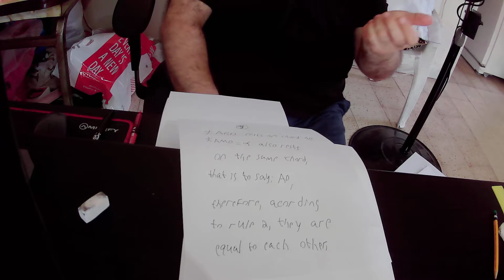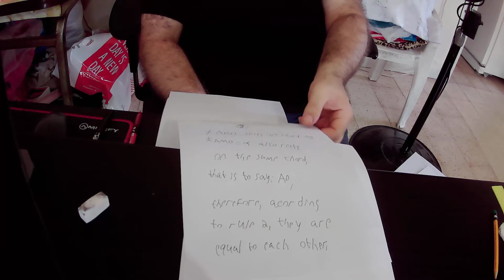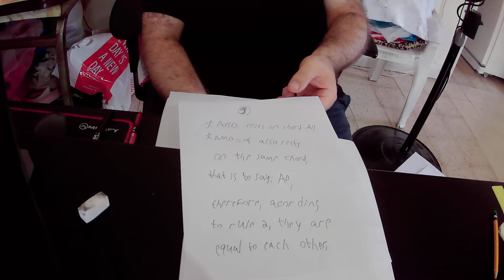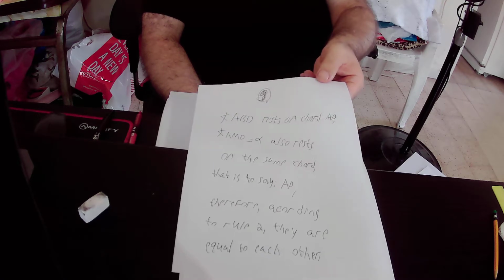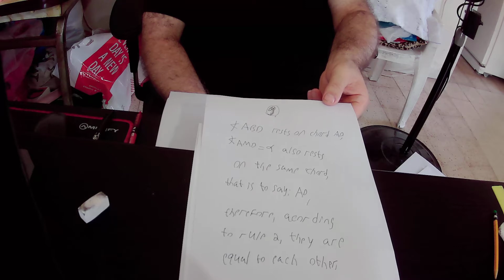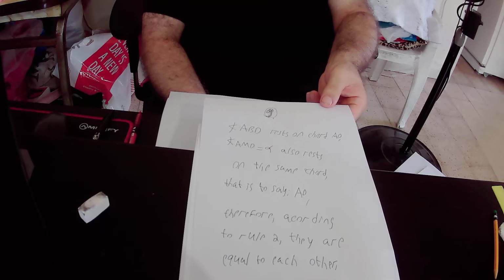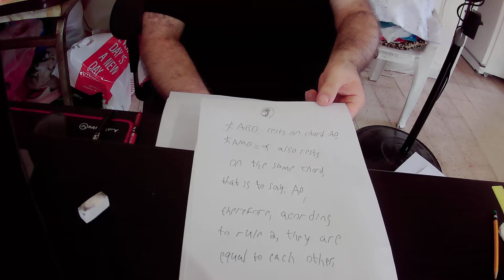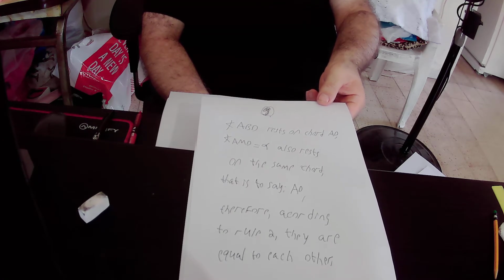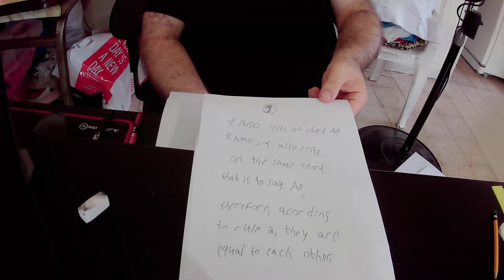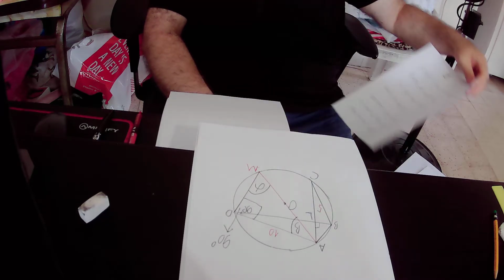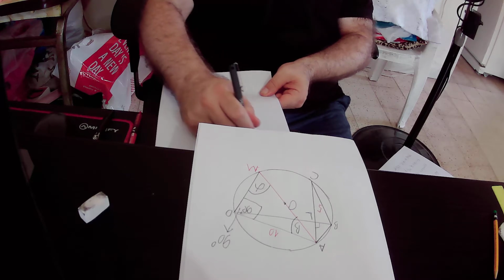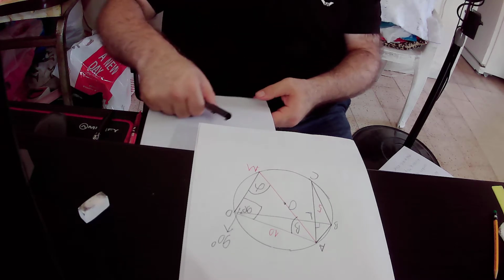So according to that rule, they are equal to each other. That is to say, angle ABD equals angle AMD, that equals alpha.